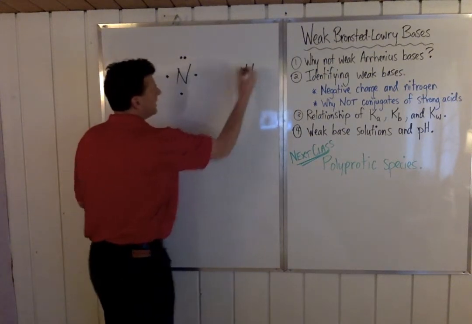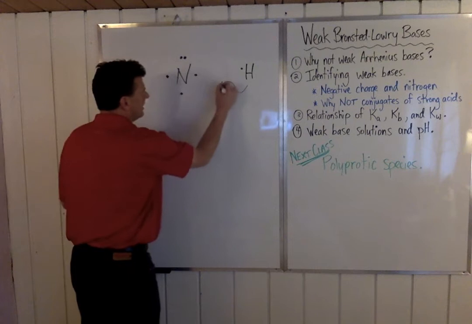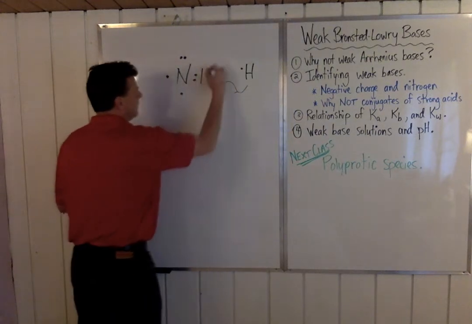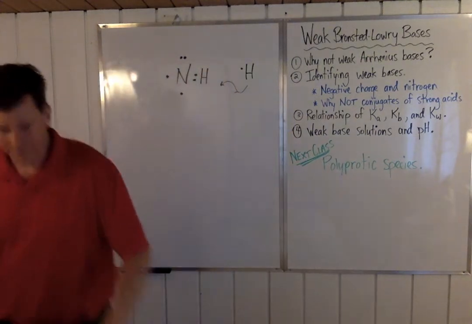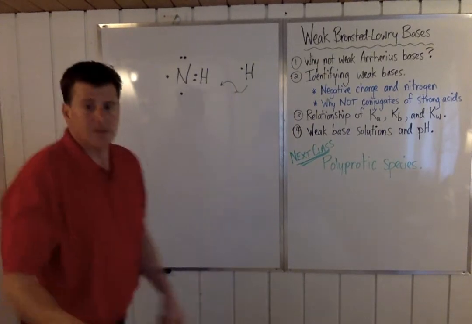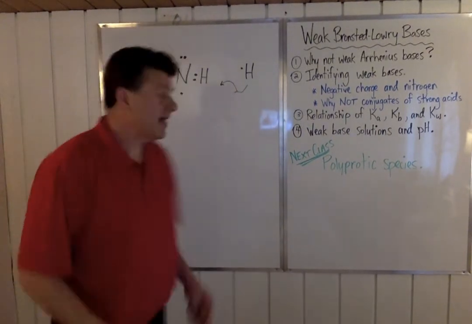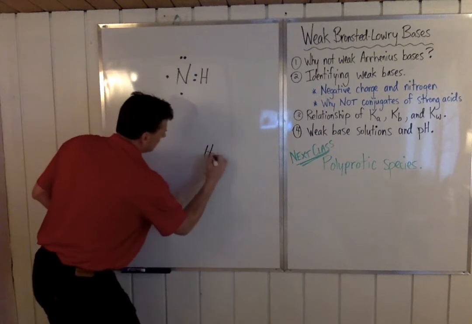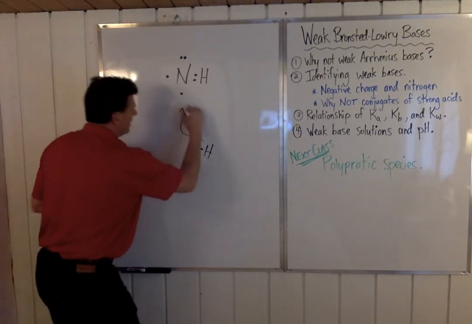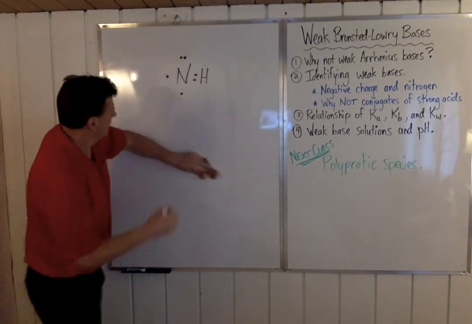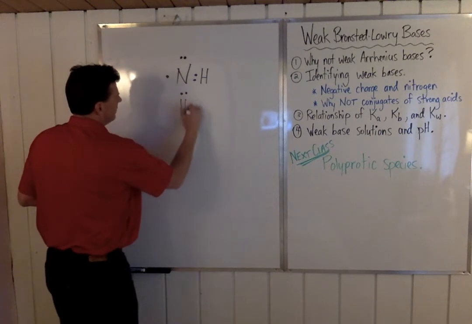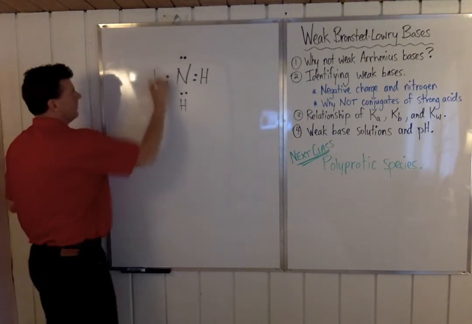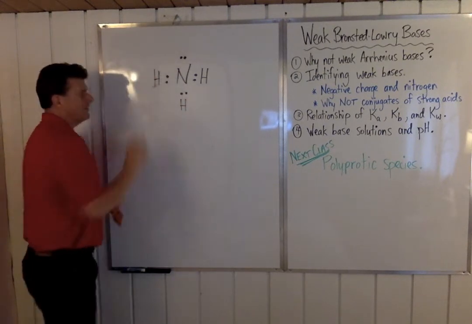It has 1 electron, and it might bond right there. A second hydrogen, here's its electron, might come in up here and bond there, and then I'm not going to draw the other one. A third one could fit right there.